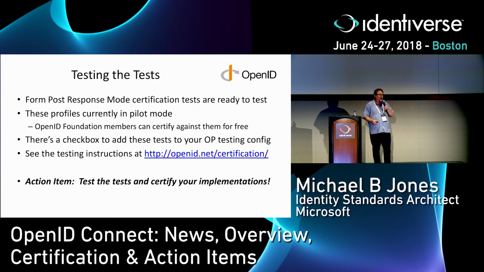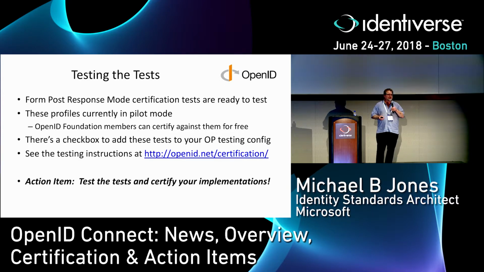So this is the next action item. If you have a relying party library, or if you have an OpenID Connect identity provider, please run these tests against your code. They're actually very small. You don't have to do very much. And if you already have a certification testing configuration, you can just check a box and these new tests light up.